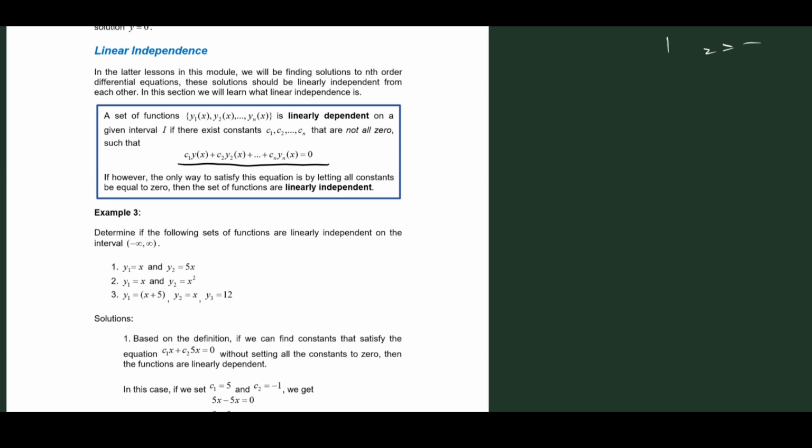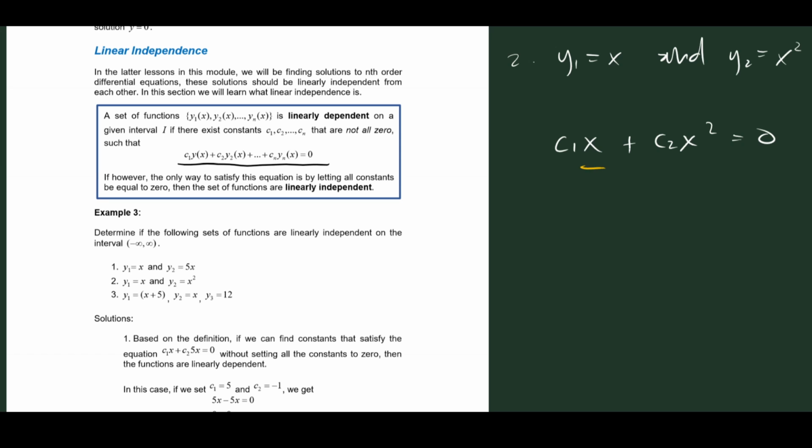Okay, let's go through another example. For the second one, we have y1 is equal to x and y2 is equal to x squared. Okay, so let's write the equation again. c1 x plus c2 x squared this time is equal to 0. Now, can we find a certain c1 and c2 that are not all 0 that will satisfy the equation, just like in the first example? So the answer to that is no, right?